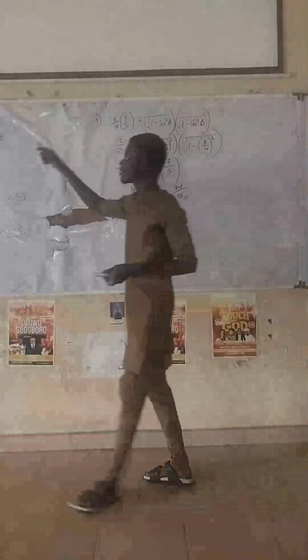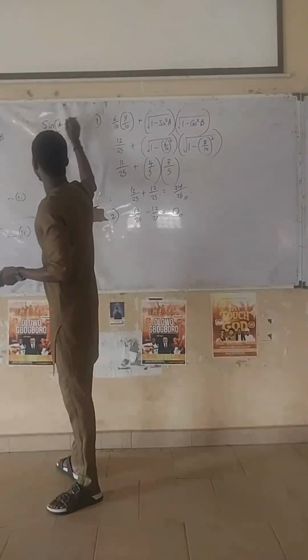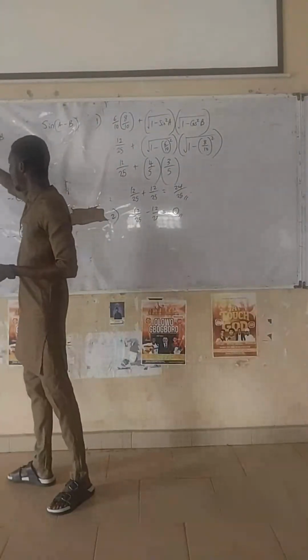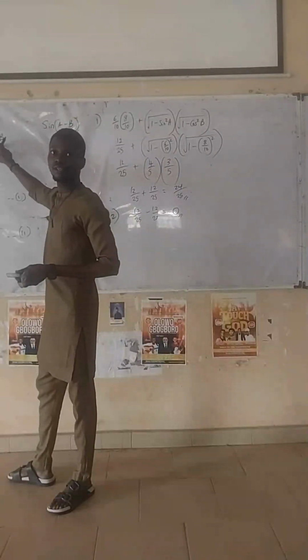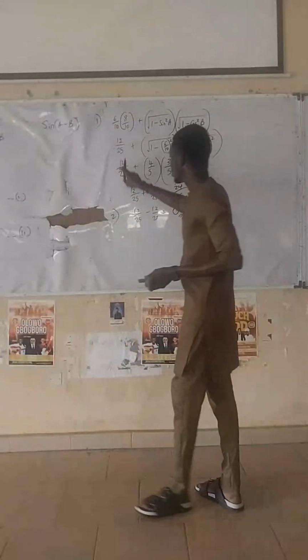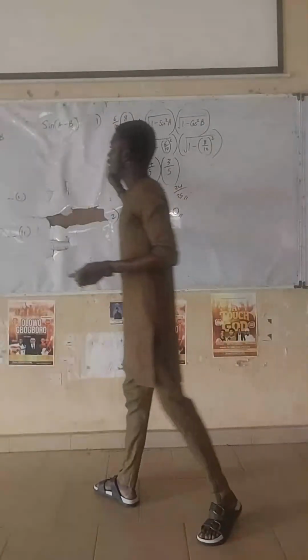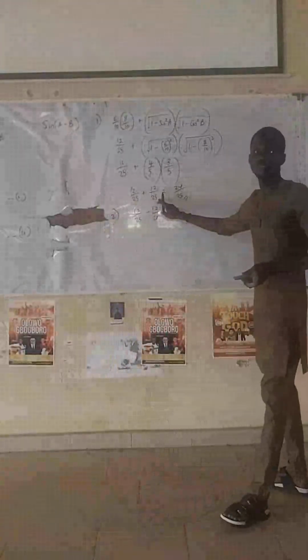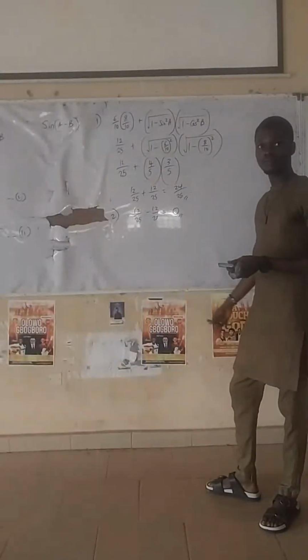Because sine A minus B, you say it as this minus this. Already we've gotten sine A cos B to be what? 12 over 25. And we've gotten cos A sine B to be also 12 over 25. Difference between the two, that's 0.